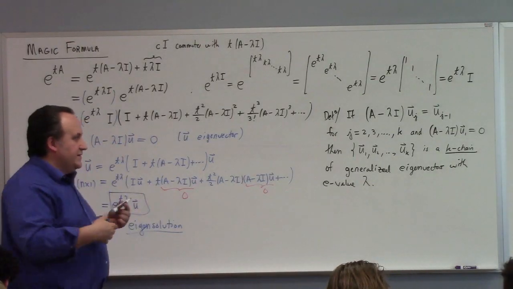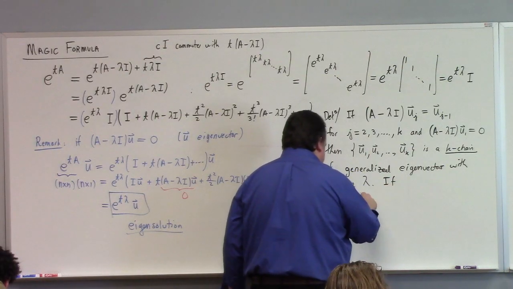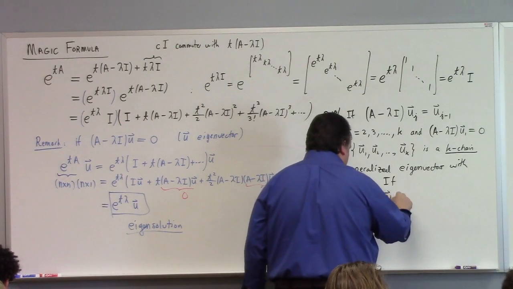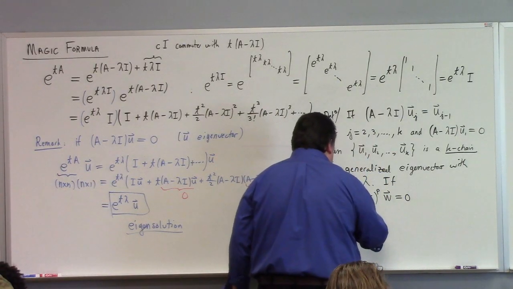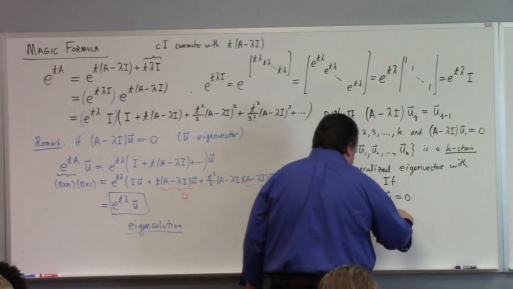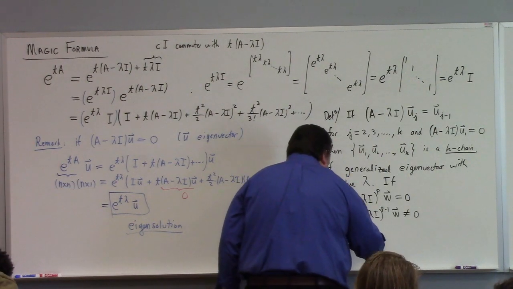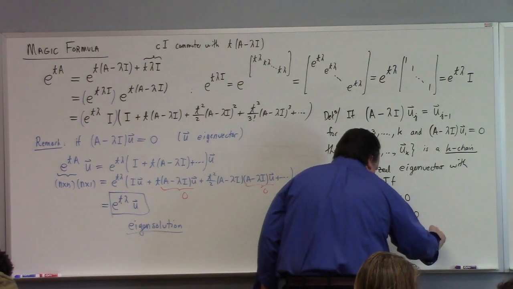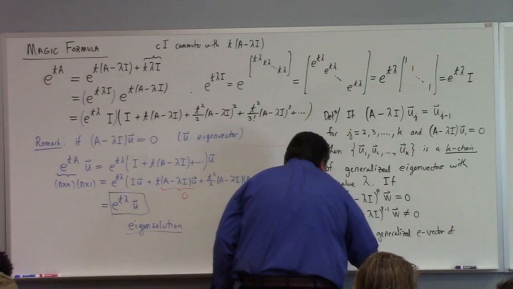So I need a little bit more language here. If A minus lambda I to the p power times w is equal to, let us say, 0, and yet A minus lambda I to the p minus 1 power times w is not equal to 0, then w is a generalized eigenvector of order p.